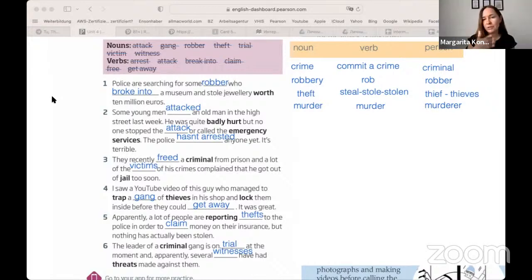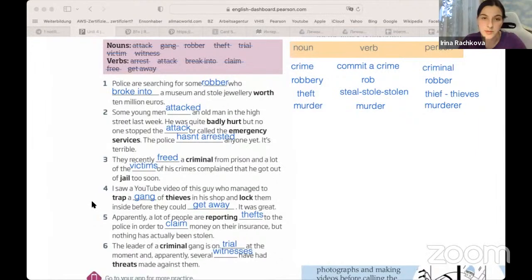Сильно получил травмы какие-то. Badly hurt. Very good. Ну, как заявлять о краже. Claim, threat. No, try out, have a look, заявлять здесь по-другому. Report thefts. Yes, report theft. Okay, good. How do you say жертвы?